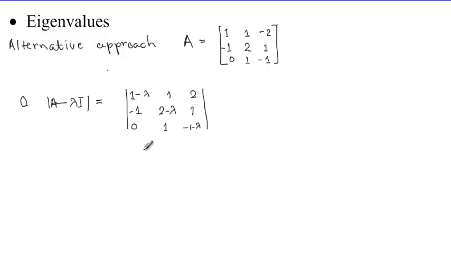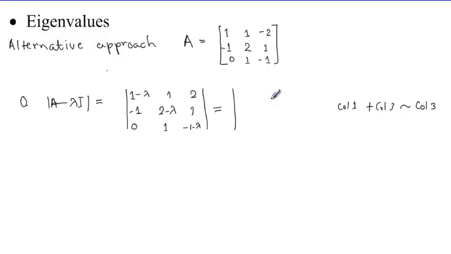In this case, let's rewrite an equivalent determinant using properties of determinants. Let's say here we add column 1 and column 3 to produce a new column 3. That kind of transformation will not change the determinant.